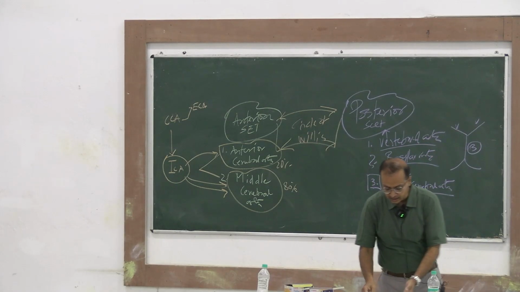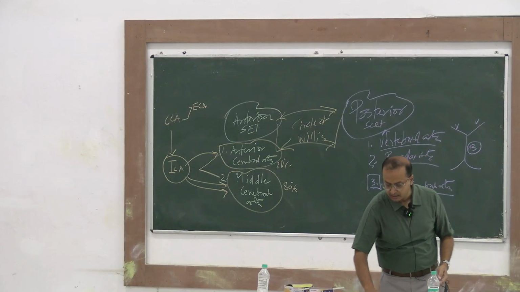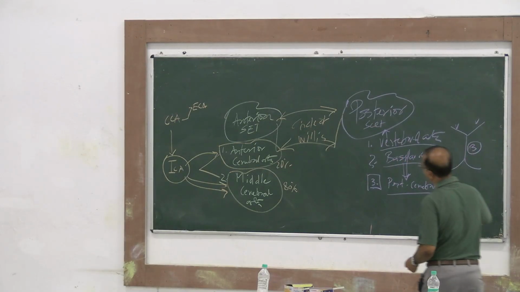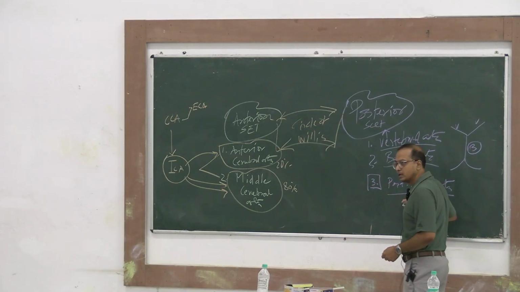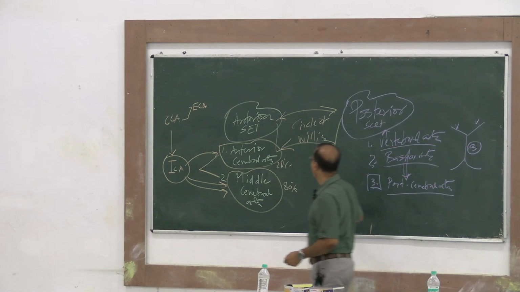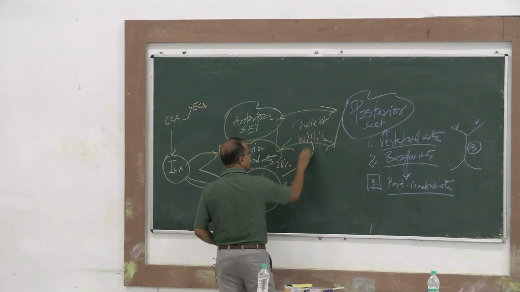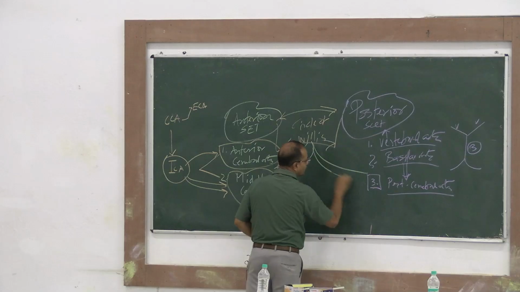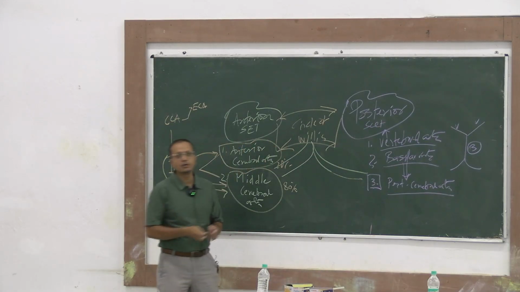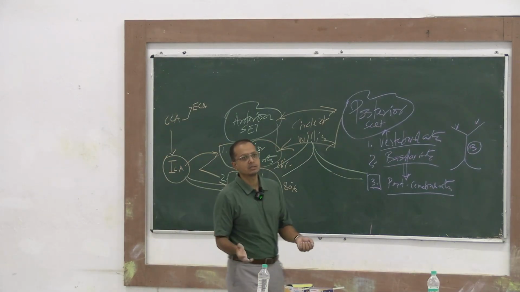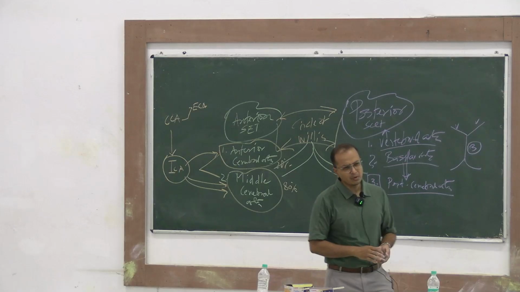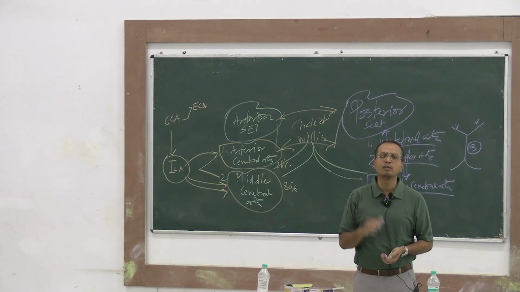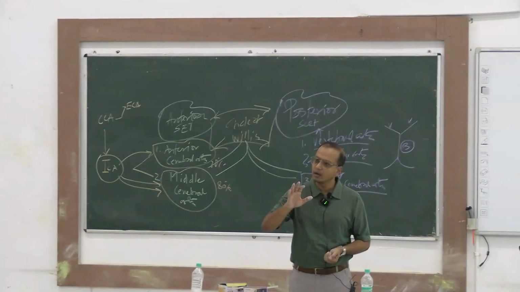Now bridging between the anterior set and the posterior set, between the anterior, middle and the posterior cerebral artery, we have a communication between them, we call it the Circle of Willis. So this is the gross picture of the brain supply. If you do not remember the detail of the branches, that is fine.